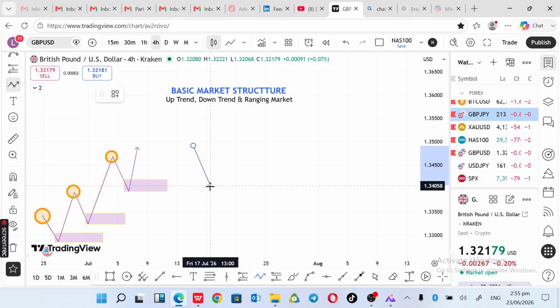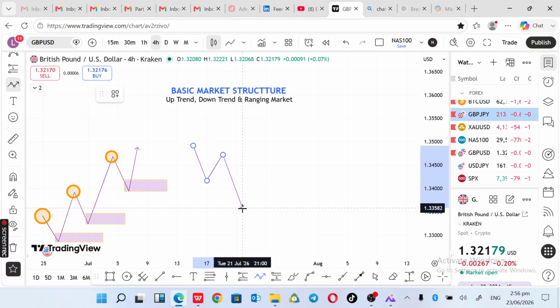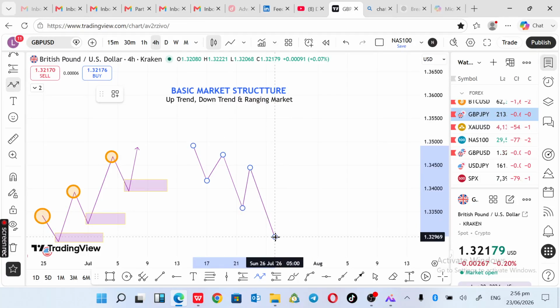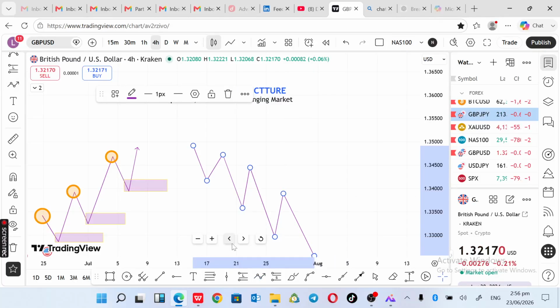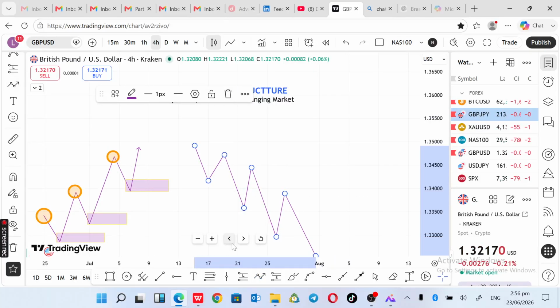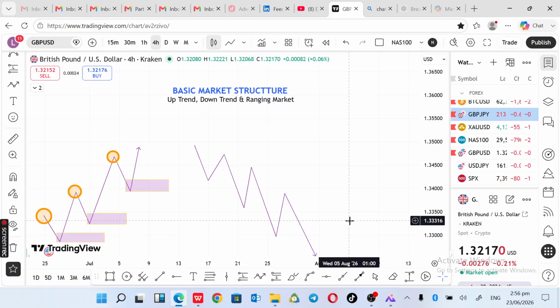It has created a high, created a low. Then it's going to push back up, but going up now, it will not go above the high that it created. It's going to come around there and drop. Comes up again, it drops. Comes up again, it drops. So this is what you are going to notice when the market is on a downtrend. Why are you going to see this kind of pattern?